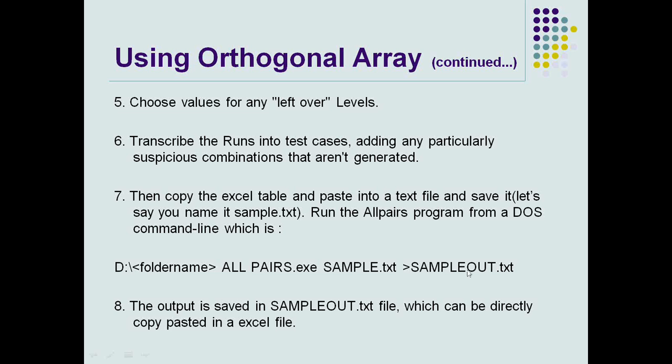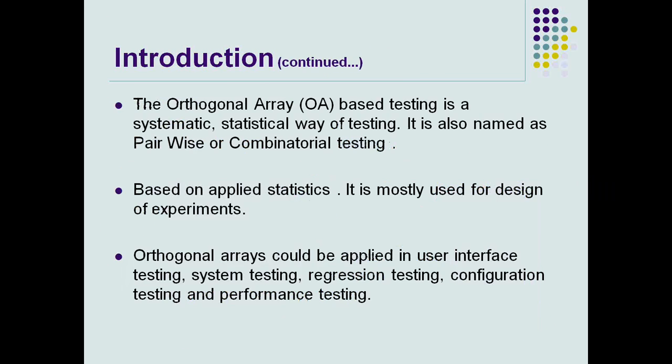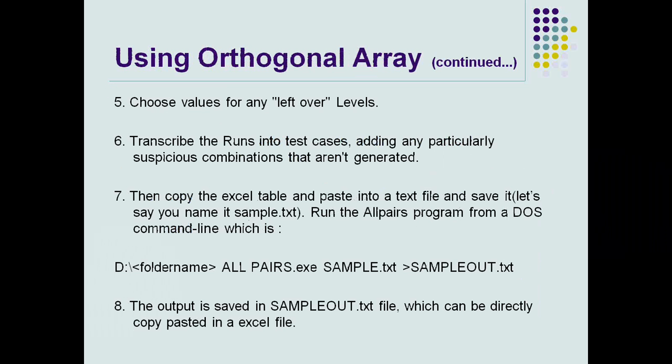And what we do here is we make use of a small utility which is named AllPairs. It's a free tool, and it uses the orthogonal array approach, and we can just use it in order to get the required orthogonal array result.